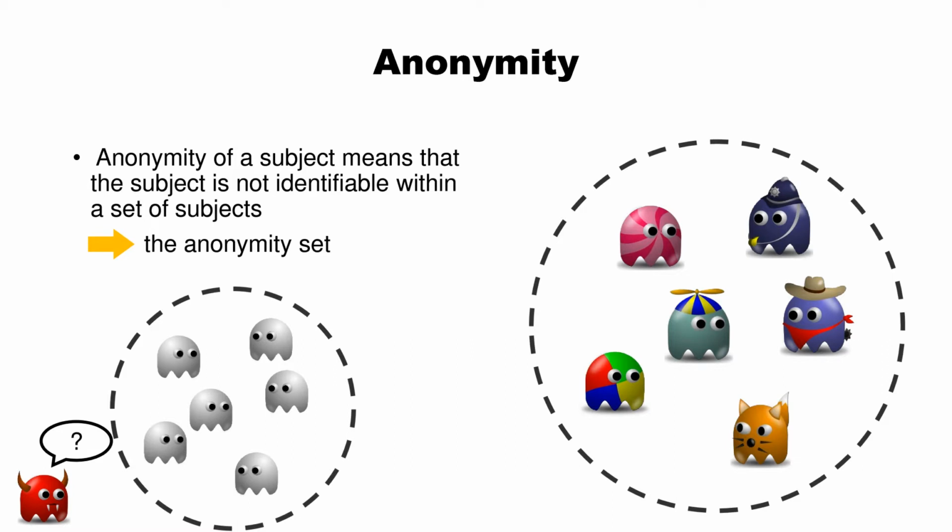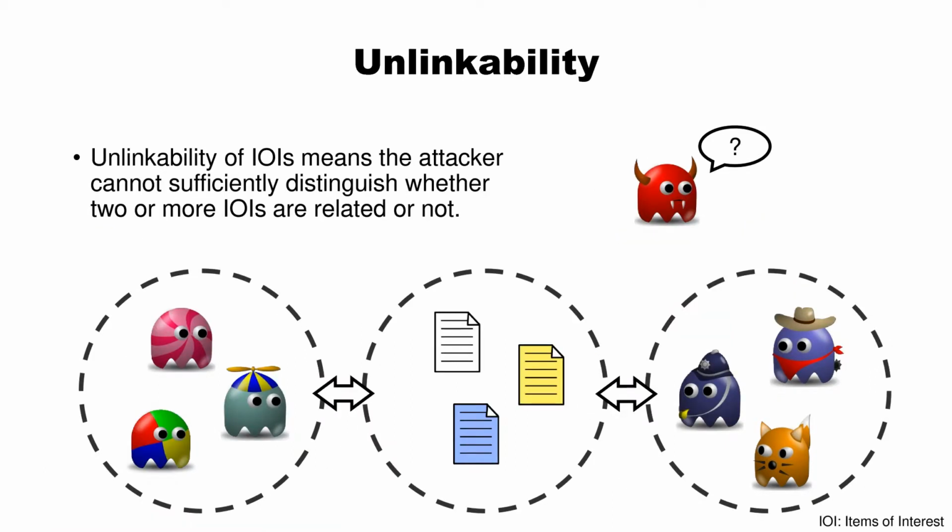We can now discuss unlinkability, and let's see what unlinkability is. Unlinkability of IOIs, and IOI means item of interest, means the attacker cannot sufficiently distinguish whether 2 or more IOIs are related or not. In this case, we have 3 different sets of IOIs: senders to the left, messages in the middle, and receivers on the right. If the attacker is not able to connect the senders to the messages, then we have unlinkability between the senders and the messages.